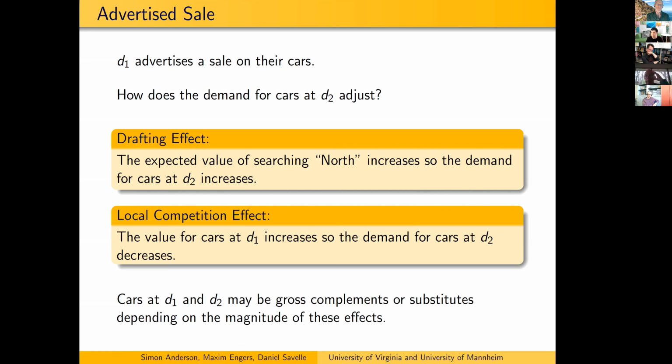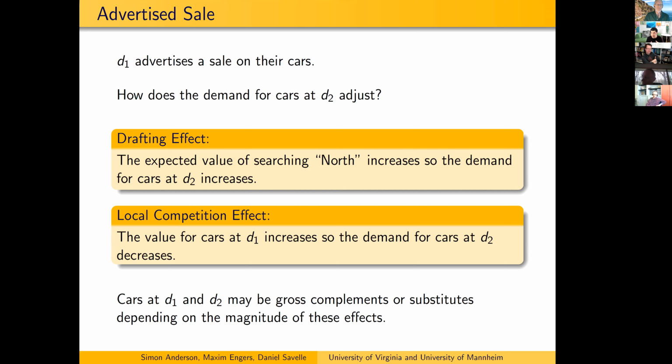Now that's going to be good for dealer 2, all else equal, because there's now going to be foot traffic coming north of town. However, the value of searching dealer 1, the value of searching brand 1 and 2 at dealer 1, and the value of selecting a car at dealer 1 also increase. And that's going to lead to a local competition effect. Once that consumer's north of town, they now get to pick among cars at dealer 1, 2, and 3, and that means that as dealer 1's cars get better, the demand for cars at dealer 2 goes down.